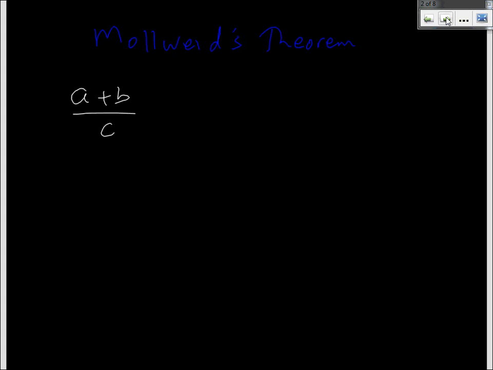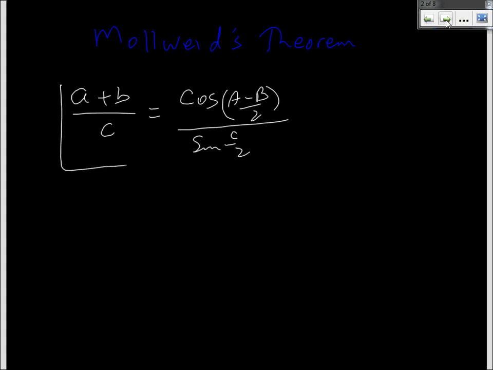Well, we just realized what that is. First let me state the theorem. I apologize. This is equal to the cosine of (A minus B) over 2 divided by the sine of C over 2. This is what we want to show.